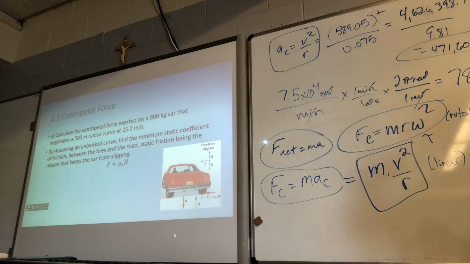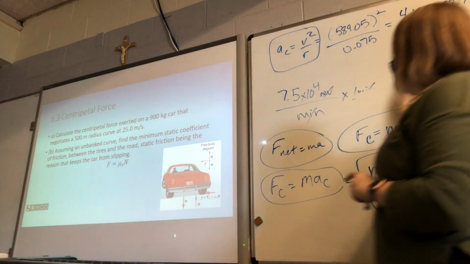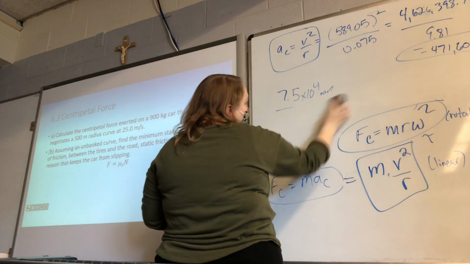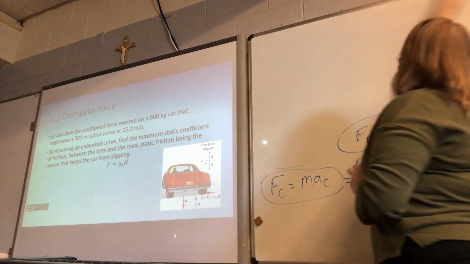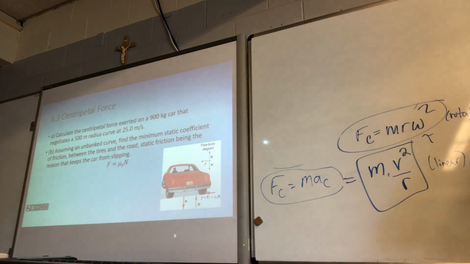Linear is going to have linear velocity in meters per second. Your goal is FC. It's a multiply. I just got a little overzealous in my dots.